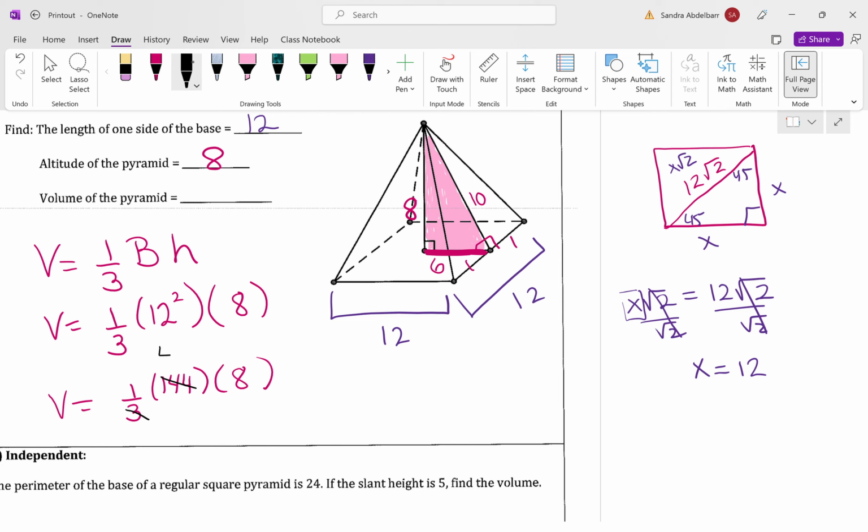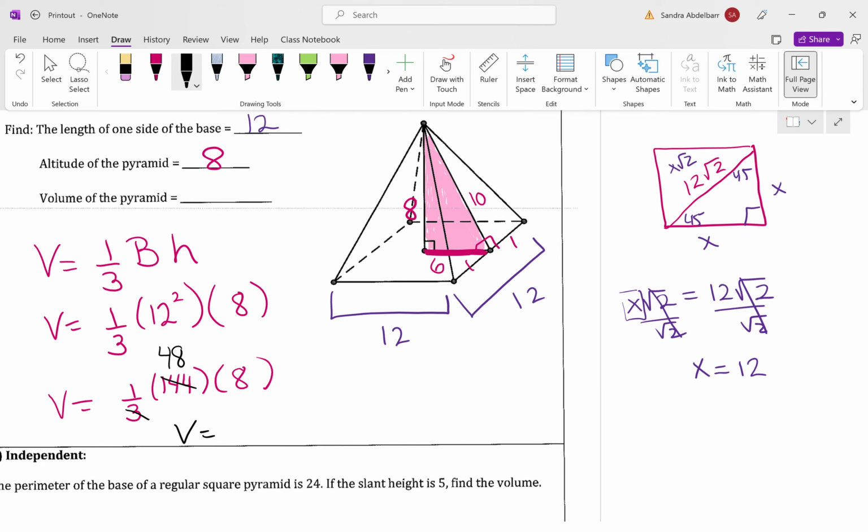Let's see. 3 goes into 144 48 times. Does that sound right to you? All right, and then can somebody multiply 48 times 8? Tell me, what did you get? 384.